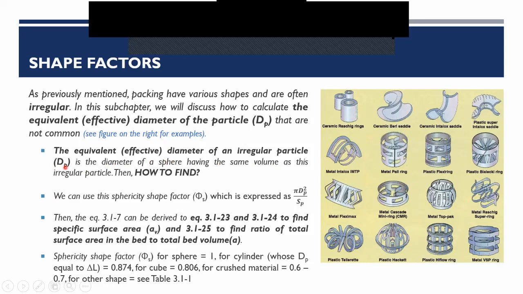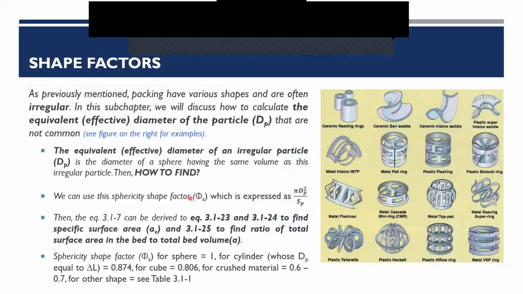So let's say I have a ceramic Berl saddle like this, the dP of this is the same as the diameter of a sphere having the same volume as this irregular particle.